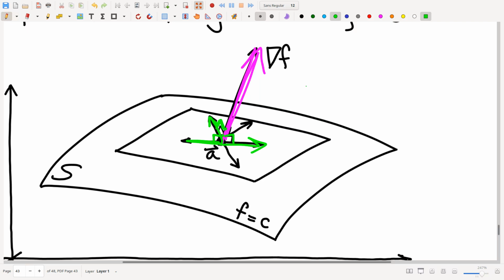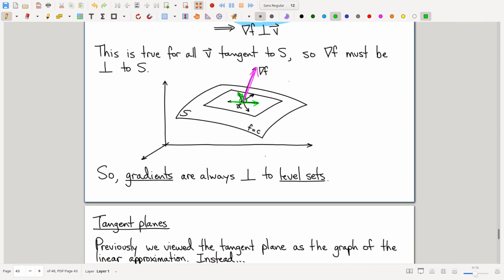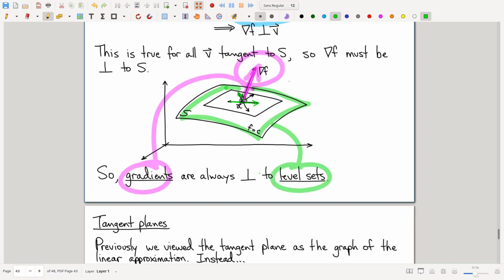That's the really nice punchline. So gradient vectors are always perpendicular to the entire level set at the point where the gradient's computed. Everybody buy it?